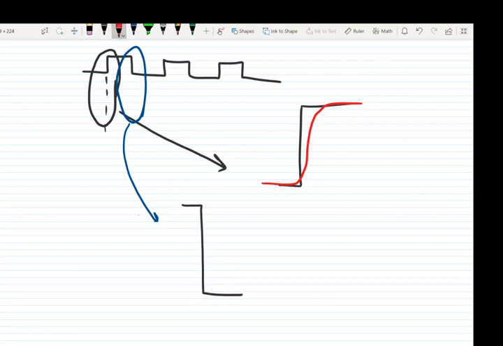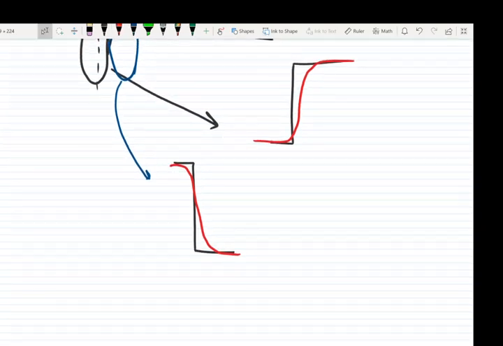When it changes from 1 to 0, it is like this. It takes some time for the clock, or any signal, not just the clock, any signal, to change from 0 to 1 or 1 to 0. So practically, this one is not correct. We should show it like this.